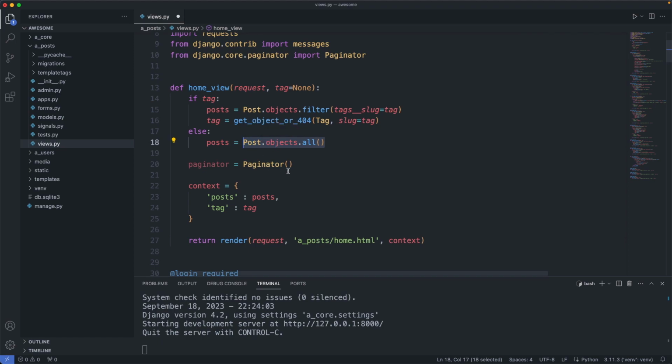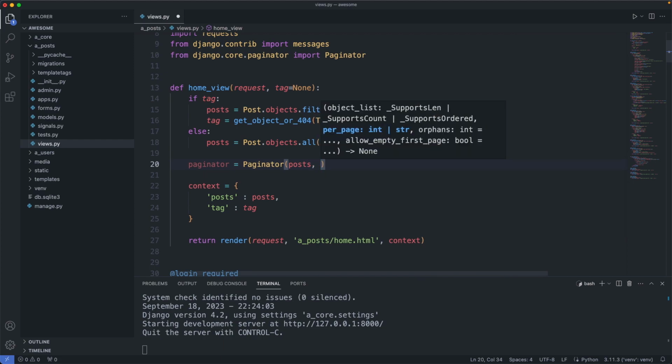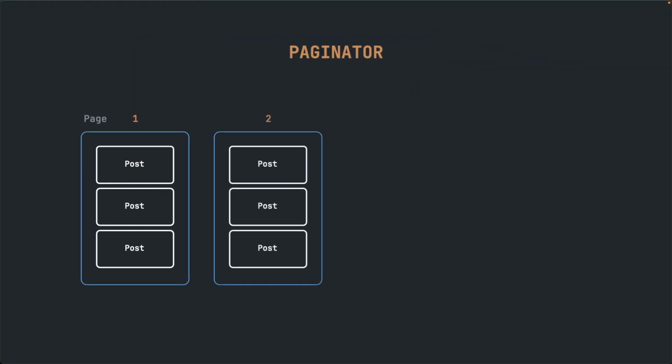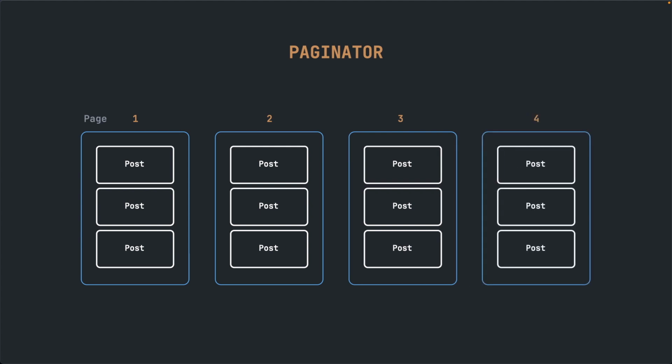So we add this object in here, so posts, comma, and then we tell here how many posts we would like to show at once. You can insert here whatever number you like, but I go with 3. So far, our Paginator divided all our posts into groups of 3, created pages of them, and numbered them.